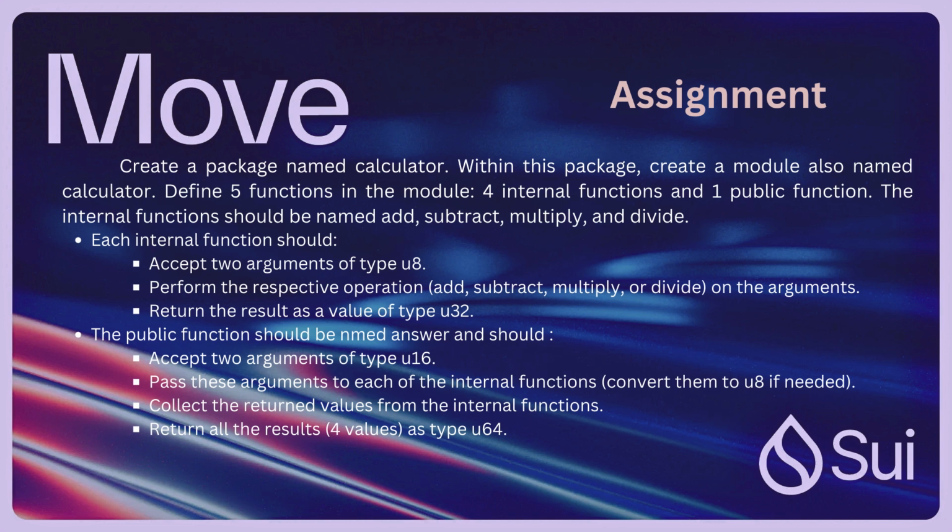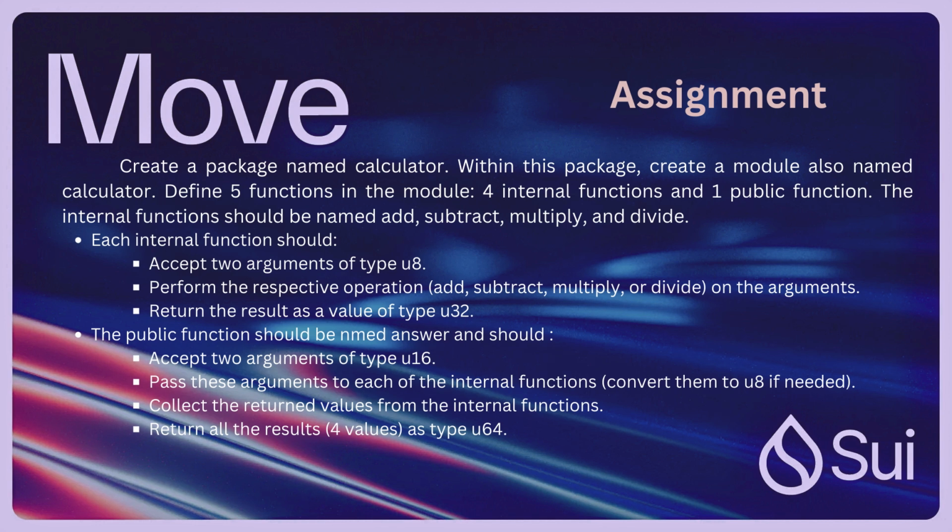Then I want you to return the values of all the answers. The answers you got from add, subtract, multiply, and divide, you should return all the values as type U64. So the public function is going to return 4 values and all of them are going to be of type U64. So that will be it for the assignment.